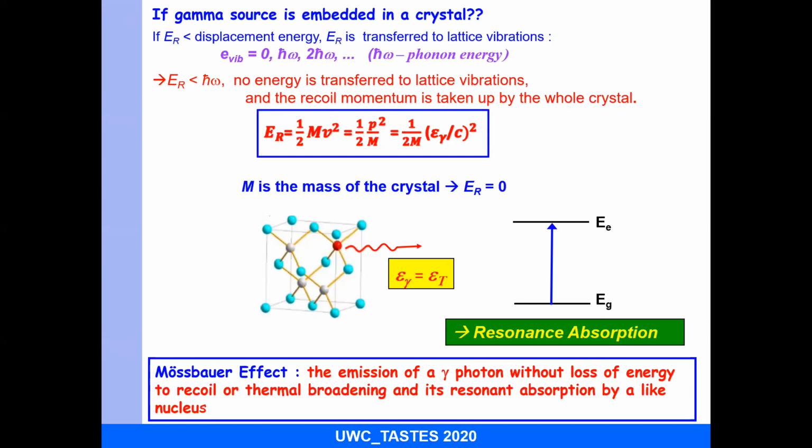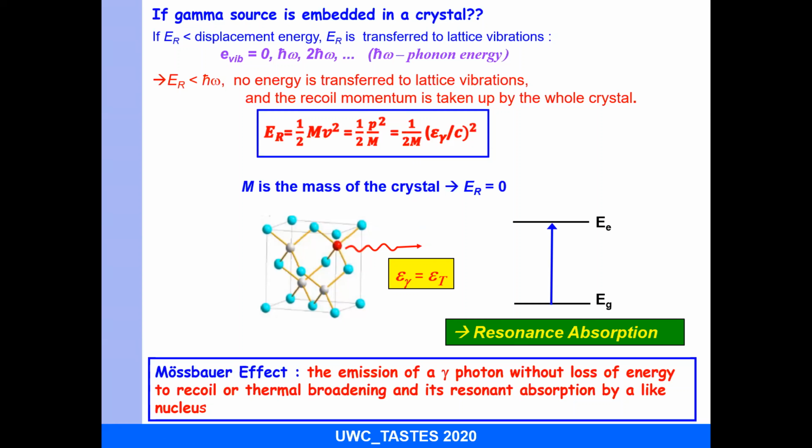And the recoil momentum is taken by the crystal as a whole. So the mass entering this equation here is the mass of the lattice rather than the mass of the nucleus. And what this means is that the recoil energy is reduced considerably. It's almost zero. In fact, it is zero.